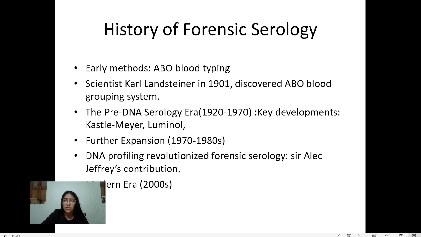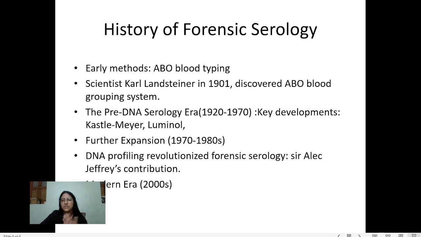So forensic serology still stood strong as before. Traditional serology alone started being used less often in court, but it became the gateway to DNA evidence. Without forensic serological identification, DNA analysis couldn't be possible.